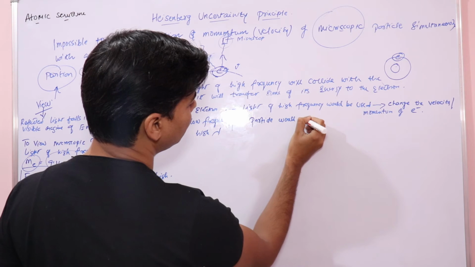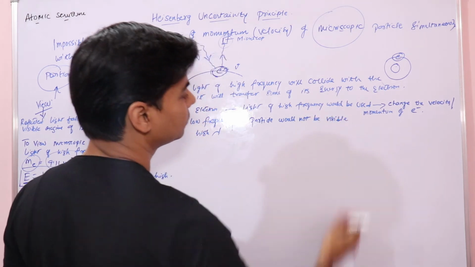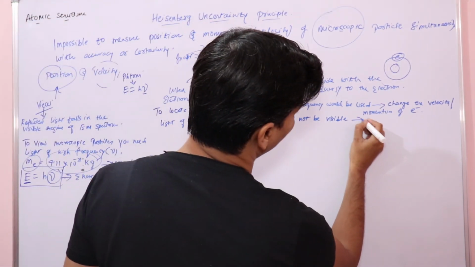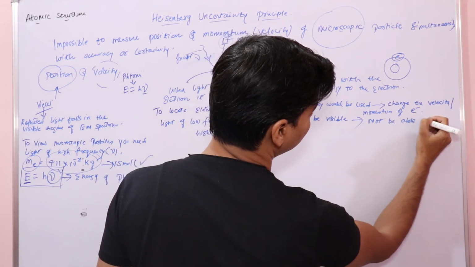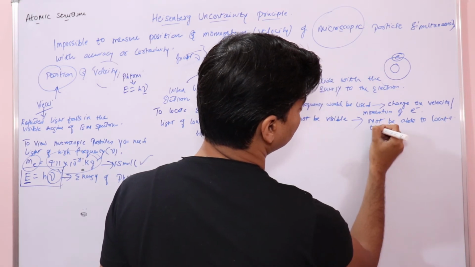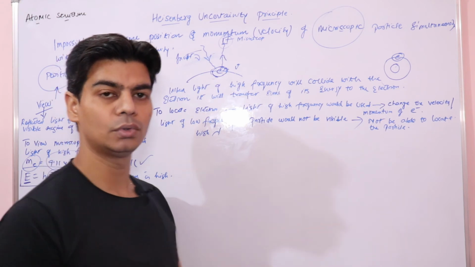Particle would not be visible. Since the particle is not visible, you would not be able to locate the particle, because in order to locate the particle, we need to view the object.